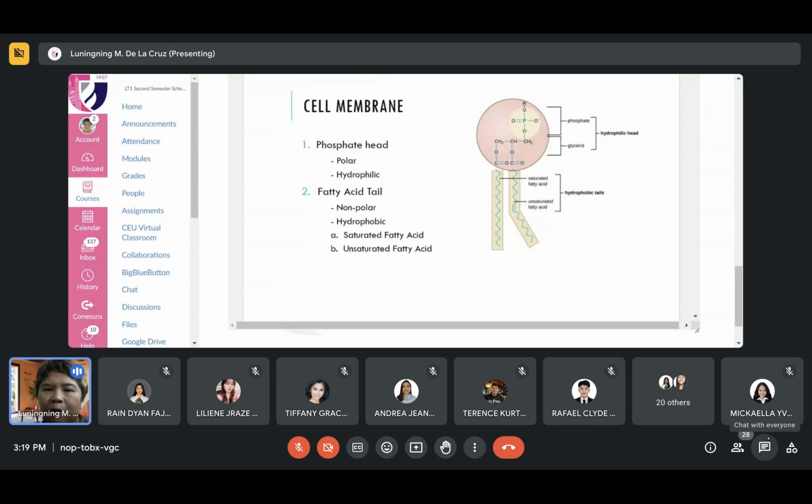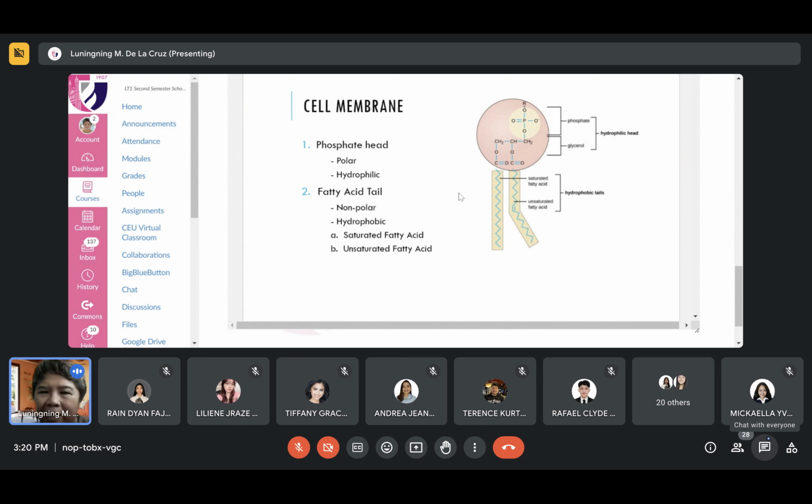When we say it is polar, it is partially charged. And when I say partially charged, it has a positive and a negative endpoint. So it is also the hydrophilic part of the cell membrane.